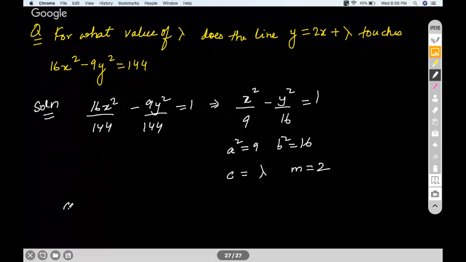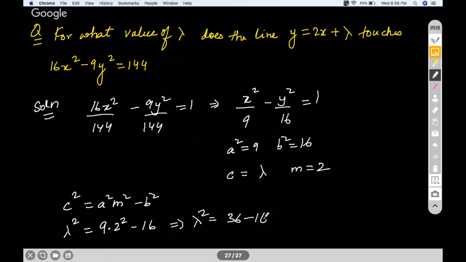Now it will be tangent only when c square is equal to a square m square minus b square, which means lambda square is equal to 9 times 2 square minus 16. That means lambda square is equal to 36 minus 16, which is 20, which means lambda could be plus minus root 20. That means lambda could be plus minus 2 root 5.